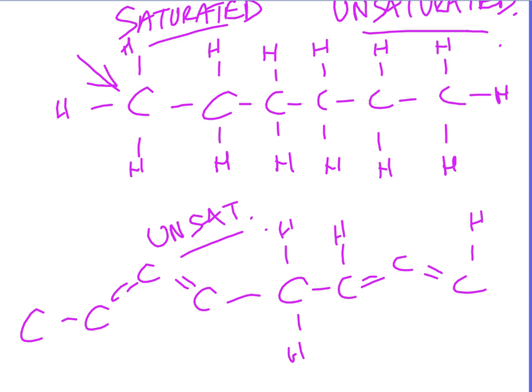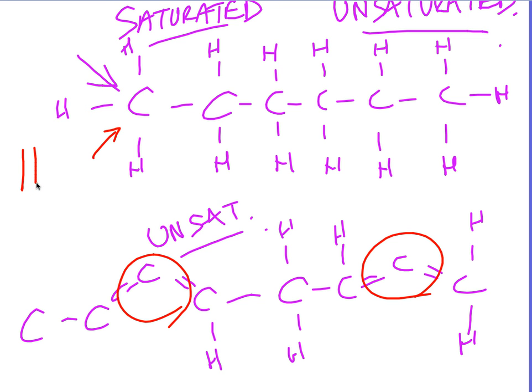Each carbon would have 4 bonds attached to it. But as a result of these double bonds, here and here, we have a kink in the tail. These fatty acid tails are all going to be nice and straight, but here, the tail itself is going to look more like that. And that's going to become important when we get on to membrane structure.